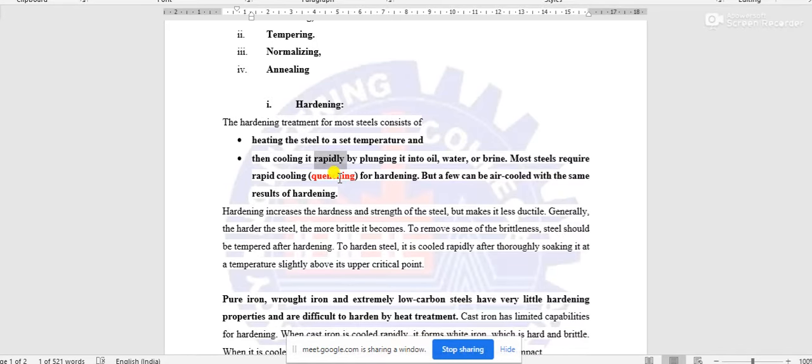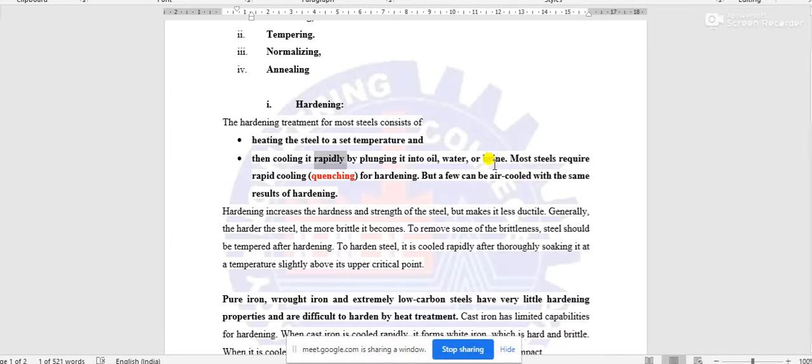This cooling stage is done by putting the hot steel into some oil, water, or some brine water mixture. You may not have an idea of brine water, but it is simple. Brine water means a mixture of water and common rock salt, or table salt.